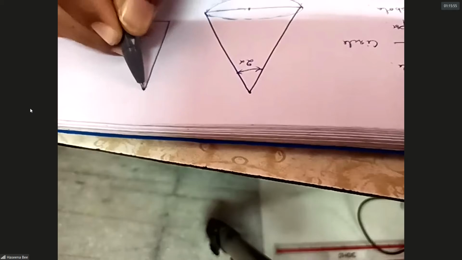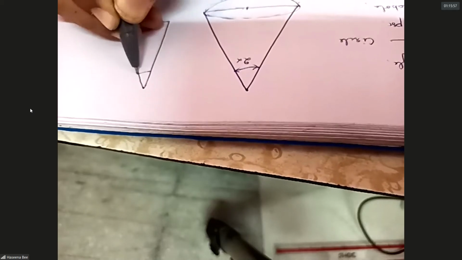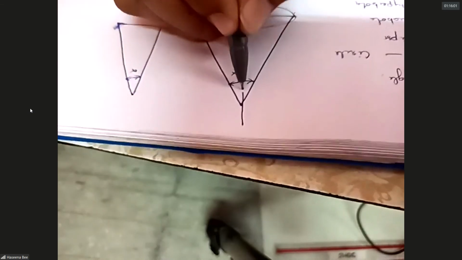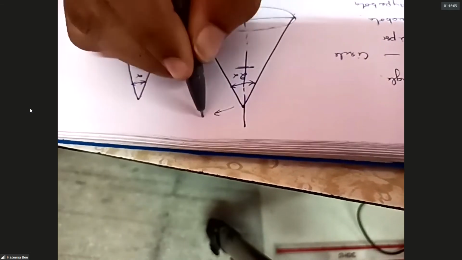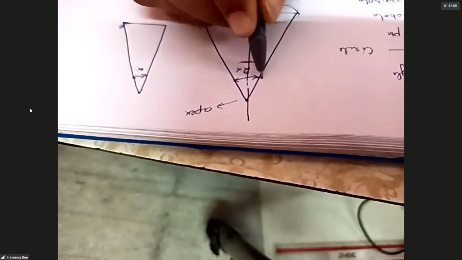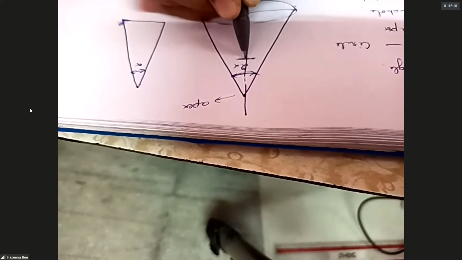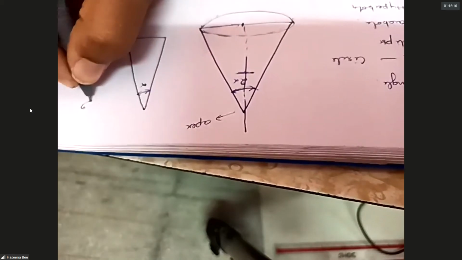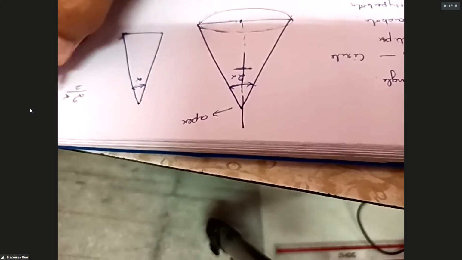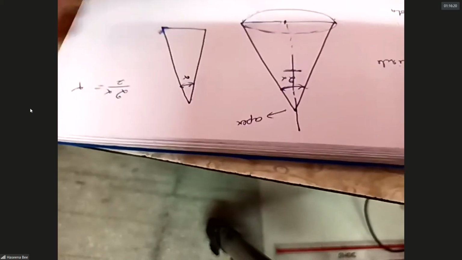When this right angle triangle is rotating with an apex angle of alpha, the cone angle will be equal to 2 alpha. This is known as the apex. That is the reason we call this the apex angle, which is equal to 2 alpha. Half of the apex angle is 2 alpha by 2, which is alpha.